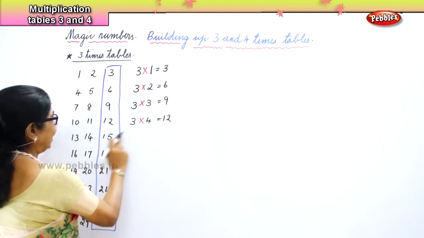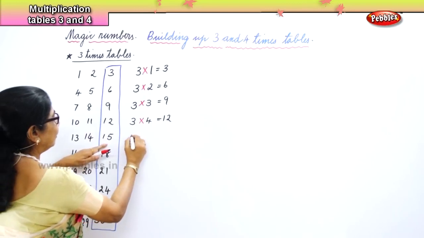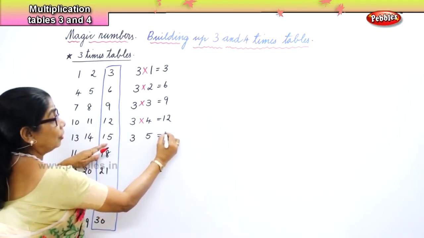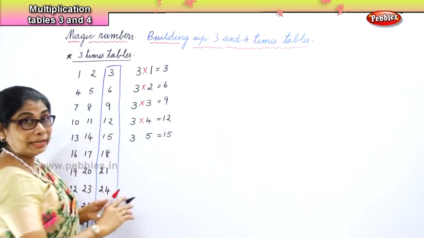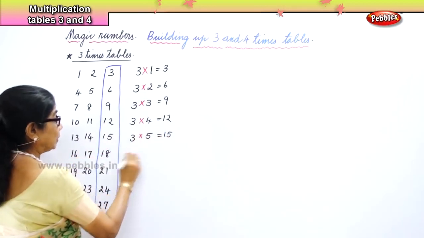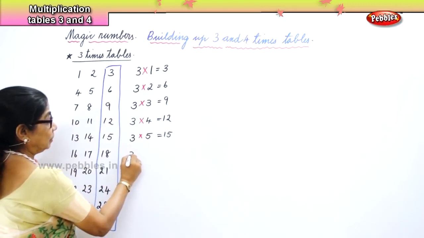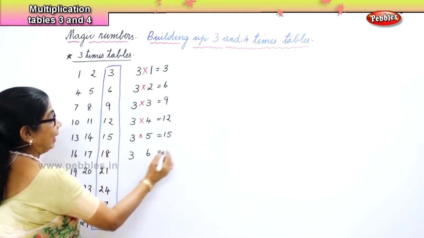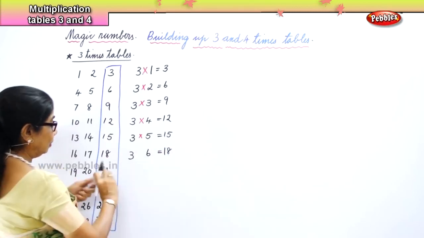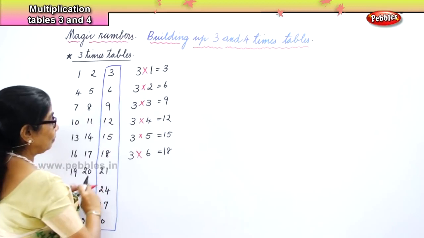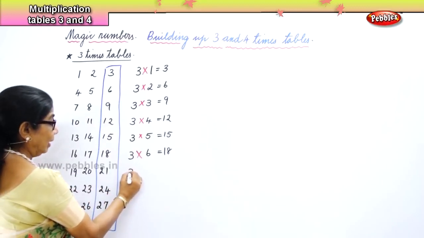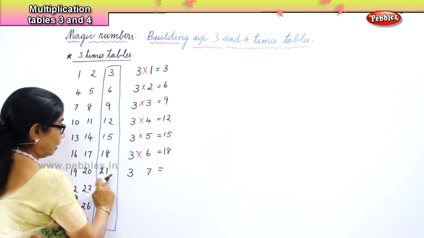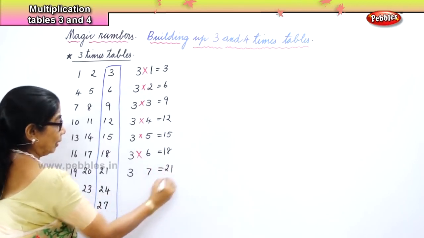Next, 3. How many times? 5. 3, 5 times make 15. And you put the multiplication down. 3, 5 times. Next, 3. How many times? 6 times gives you 18. Good. Next, 3. How many times? 7. 3 sevens are 21.